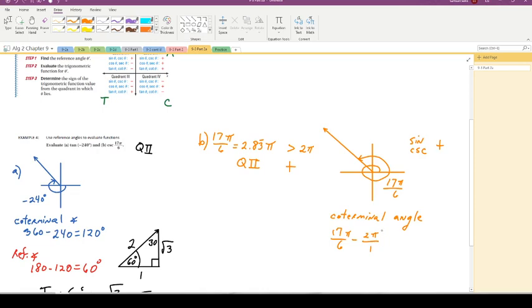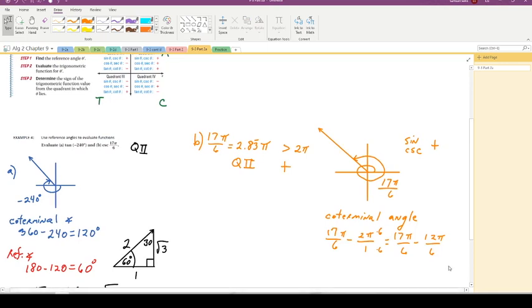I need the least common denominator, so I multiply by 6 on top and bottom. That gives me 17 pi over 6 minus 12 pi over 6, which equals 5 pi over 6.